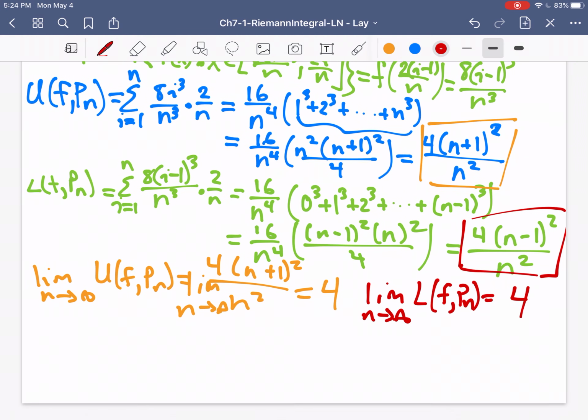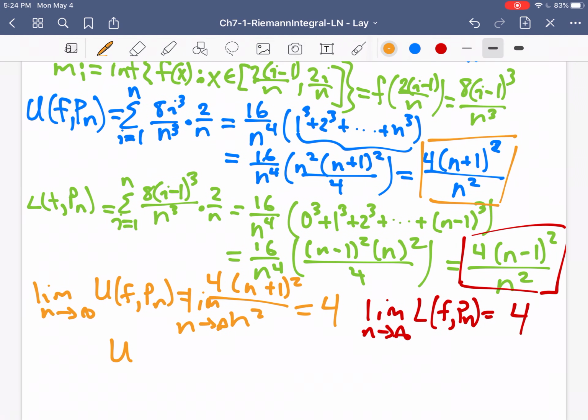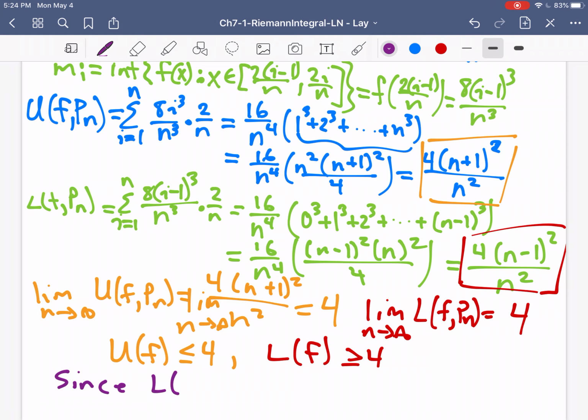So because of this, we know that the upper integral is going to be less than or equal to 4. We know that the lower integral should be greater than or equal to 4. And because we must have the lower integral being less than or equal to the upper integral, then both of them are equal to 4.